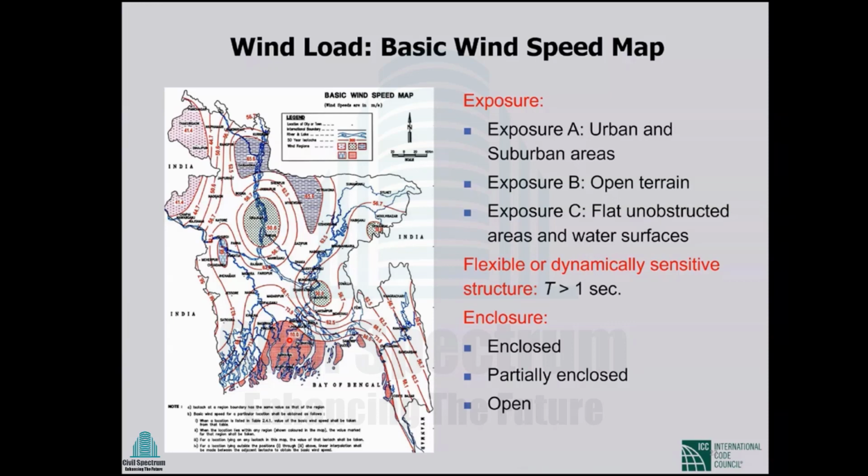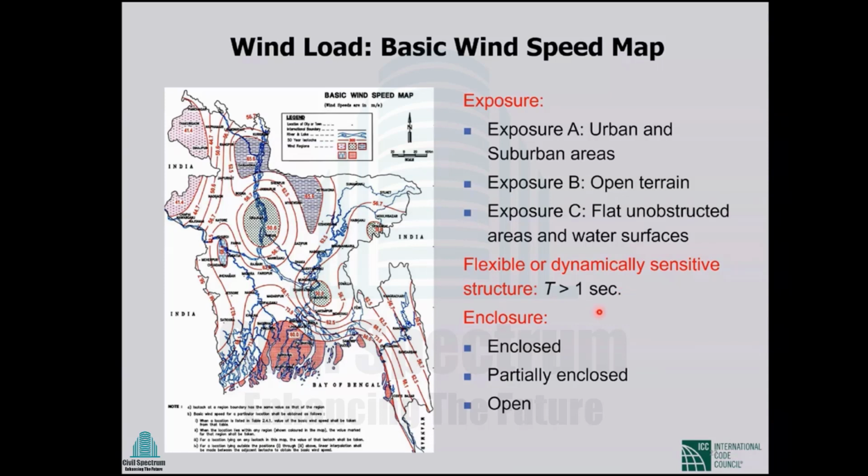Exposure category actually depends on surface roughness. These are basically surface roughness definitions: urban or suburban, open terrain, flat unobstructed areas. Based on that surface roughness, and with some other information like to what extent the open terrain is flat and unobstructed, the exposure category is determined.